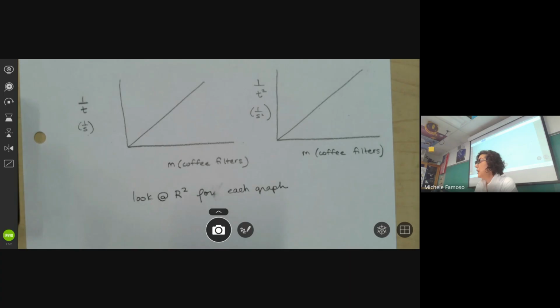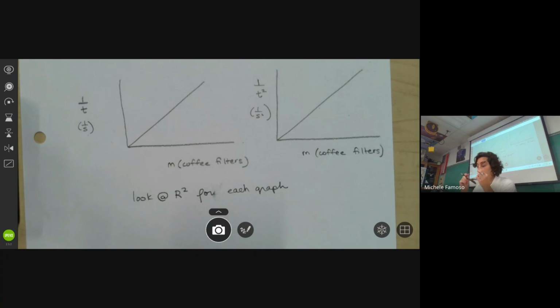That's pretty easy. Now, in terms of the data, you have multiple data points for each coffee filter. You need to get 2 things for each of those. Do you know what those 2 things are when you do multiple trials for the same filter? Average and standard deviation.